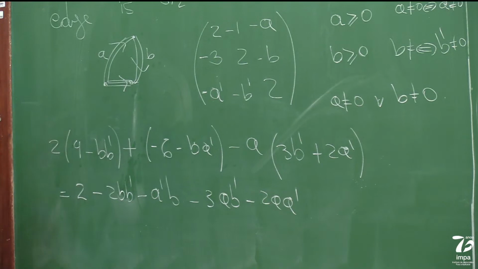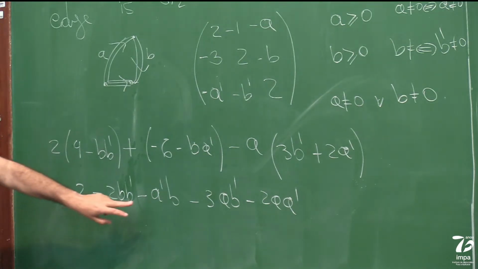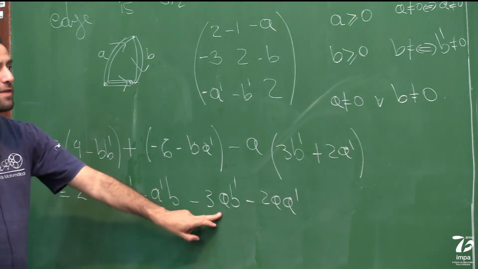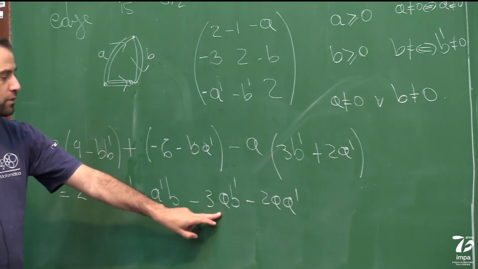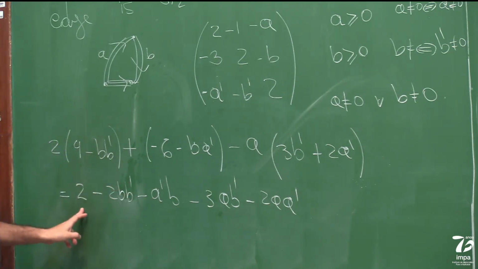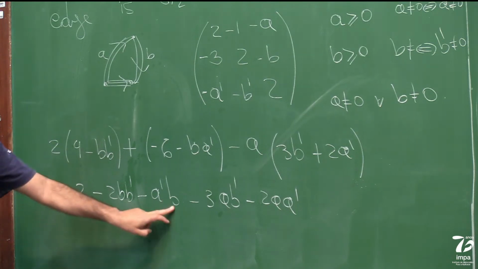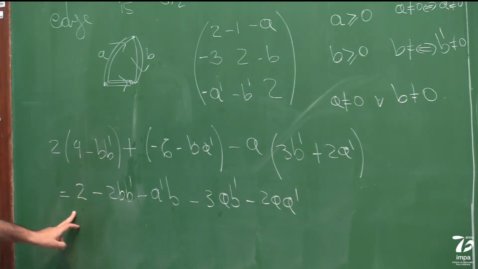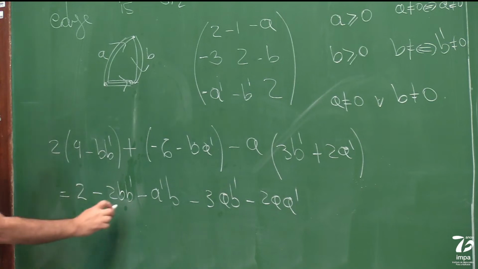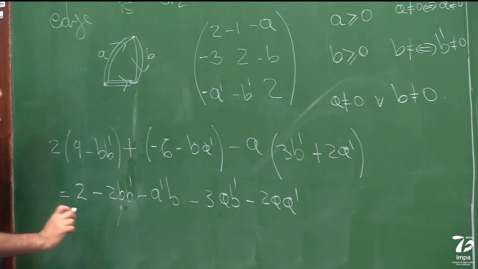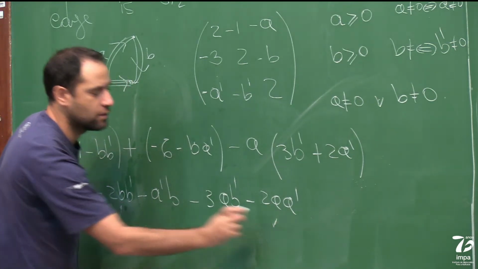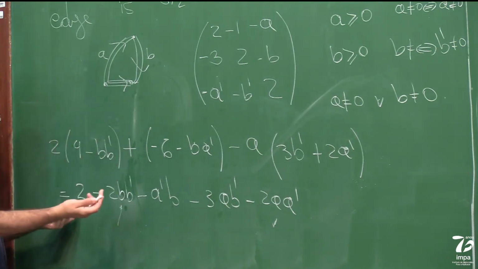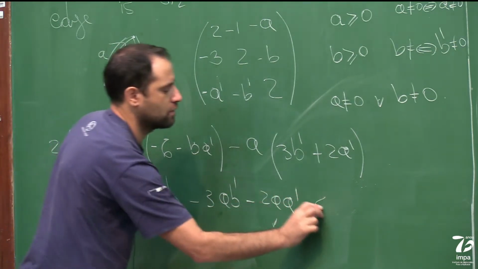And we see that either A or B are non-zero. If A is non-zero, then this is negative already. And if B is non-zero, then this is negative already. So this is less or equal than 0.